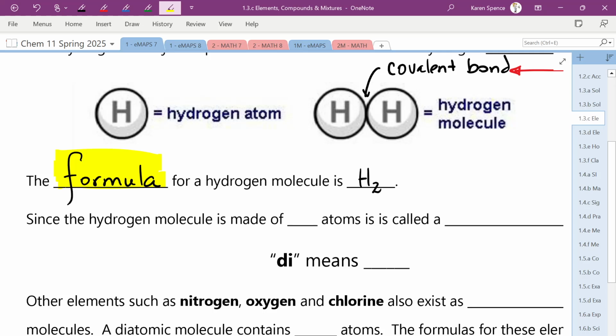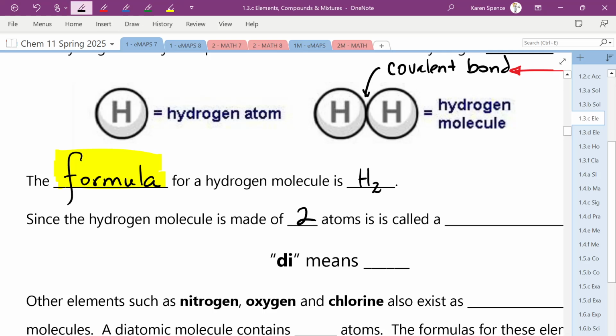In chemistry, the formula is like, how do I represent this one chemical? An equation is when you have a reaction, this plus this, arrow that. Okay, so right now we're just dealing with formulas.